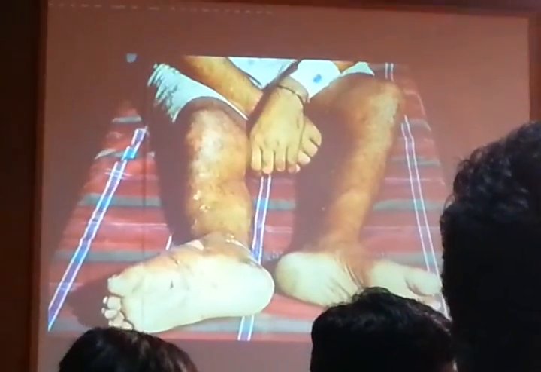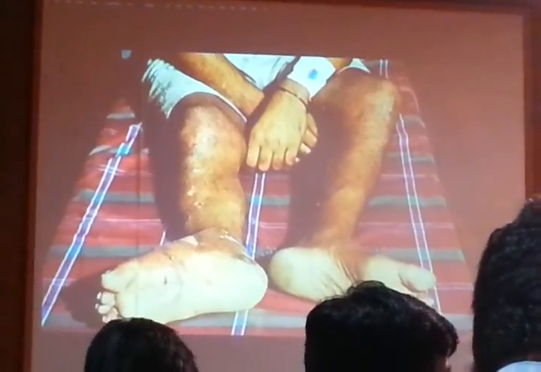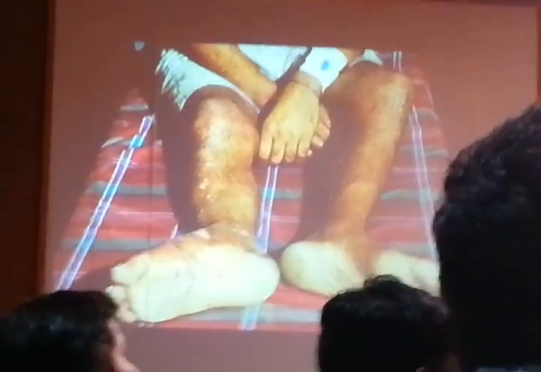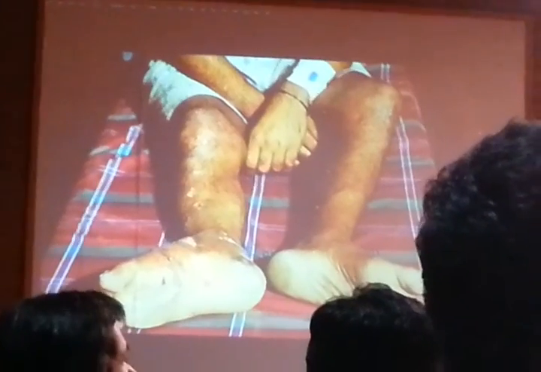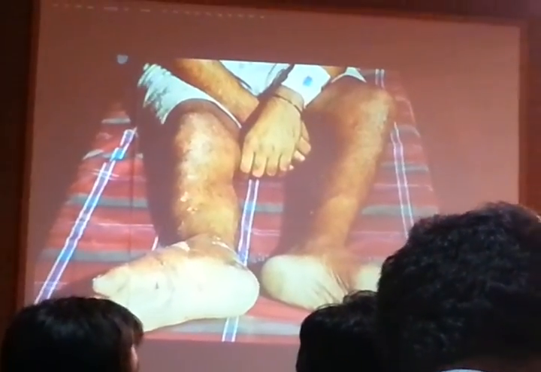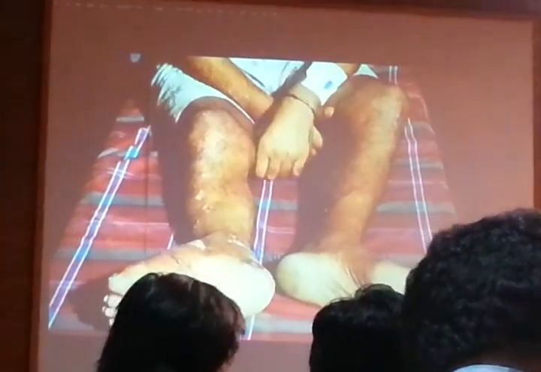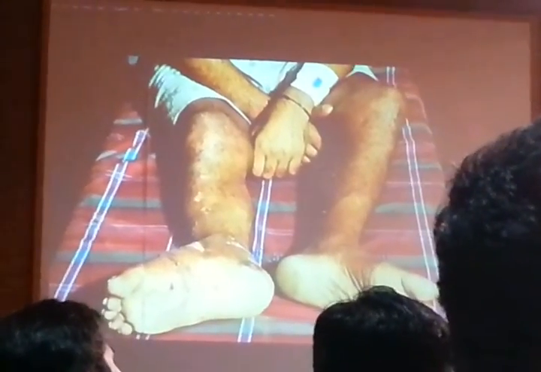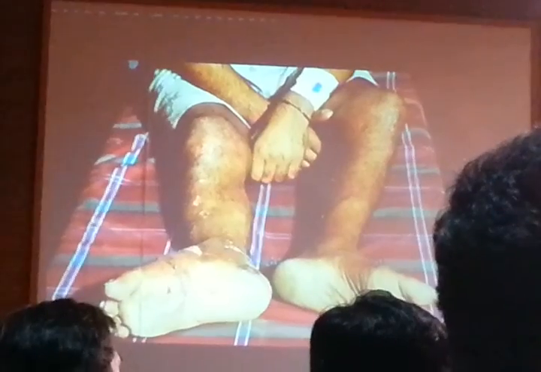Your diagnosis is non-union of the distal tibia. Distal tibia or distal tibia and fibula? Tibia and fibula. Both, there is a non-union. Okay. So, why do you say that this is a non-union of the distal tibia and fibula? What are the clinical findings?